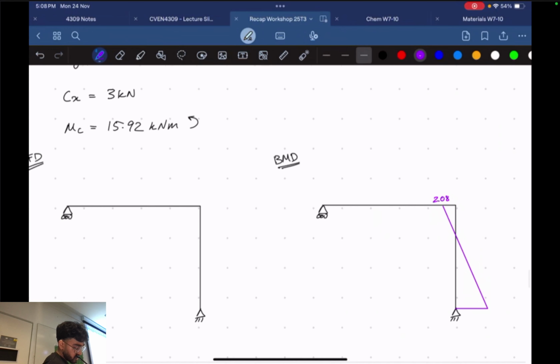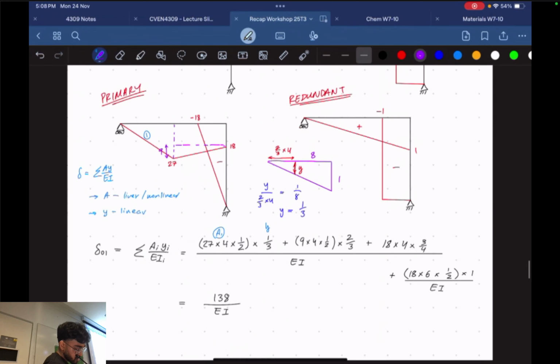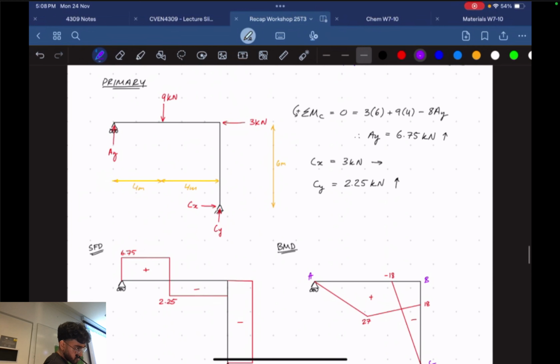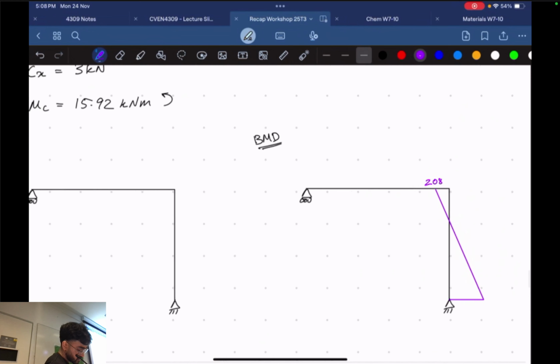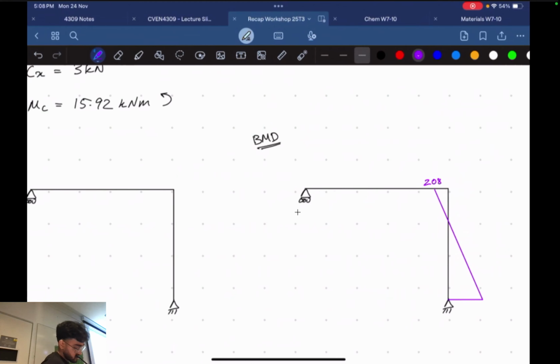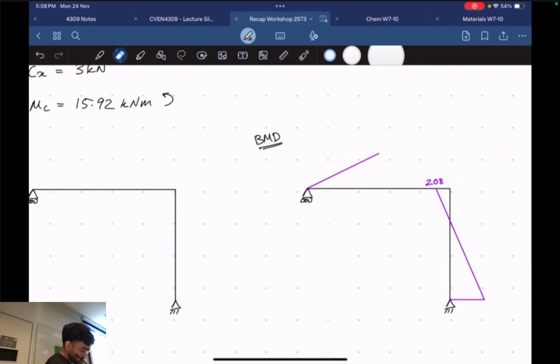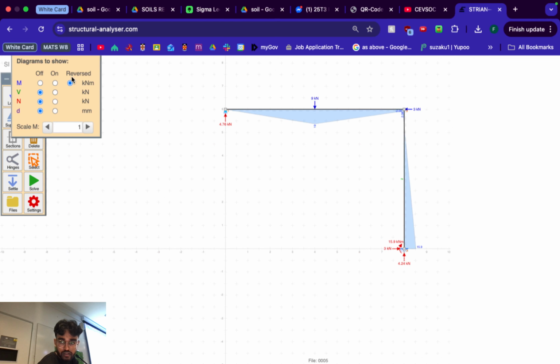And then over here, my BMD is going to start off at 0. It's going to increase. Is this reversed? This is reversed. Yeah, okay, cool.